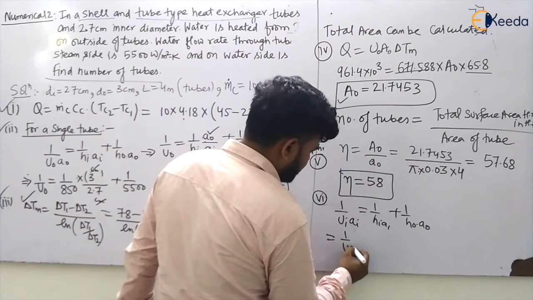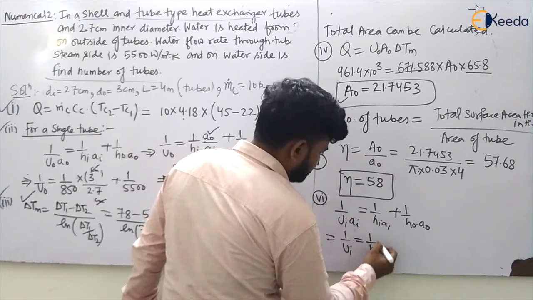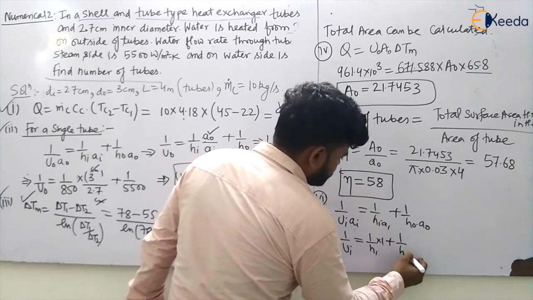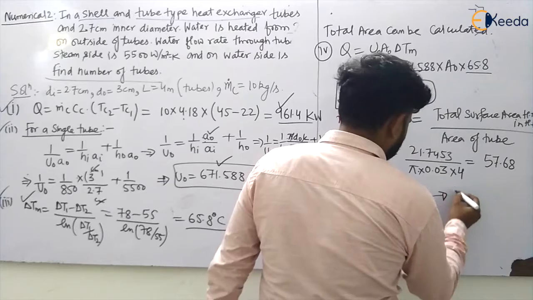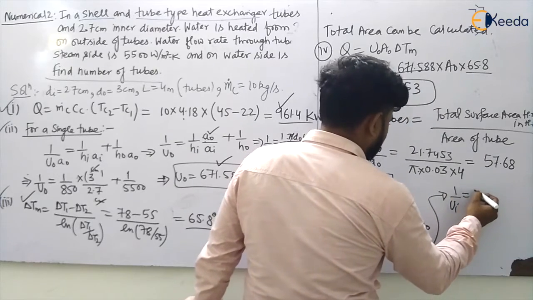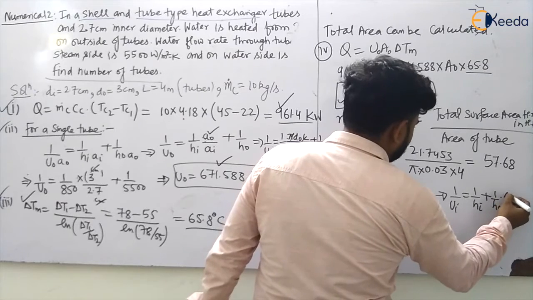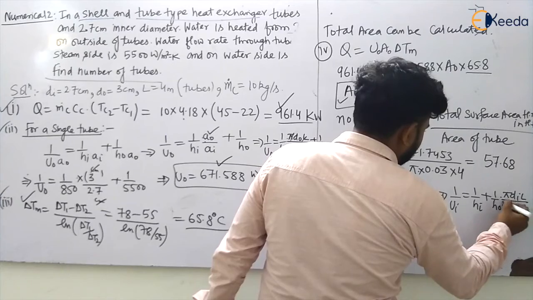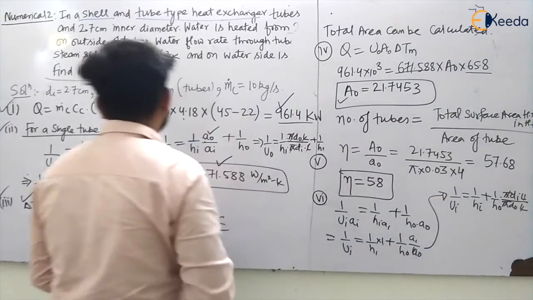So this will become Ui, overall heat transfer coefficient, 1 upon hi, and this will become 1 plus 1 upon h naught Ai by A naught, my dear students. So we can write 1 upon Ui is equal to 1 upon Hi plus 1 upon H naught into pi di L divided by pi d naught L. L will go, pi will go.